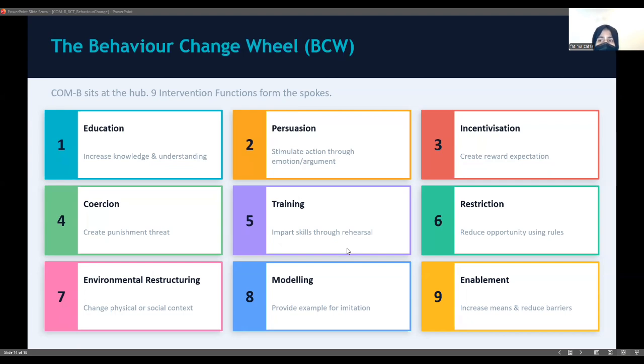It has the following steps. First of all, education, then persuasion, then incentivization, then coercion, training, restriction, environmental restructuring, modeling, and enablement. So all these things are included in the behavior change wheel that help individuals to fill the gaps.